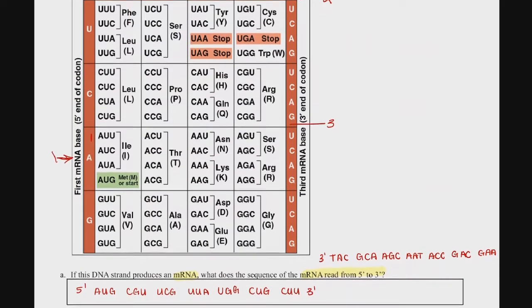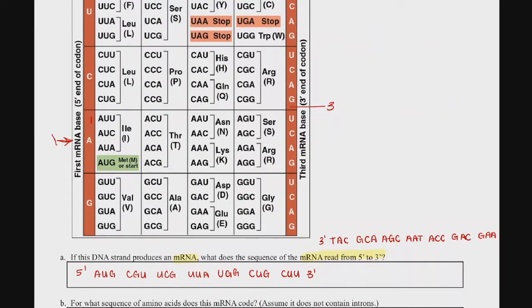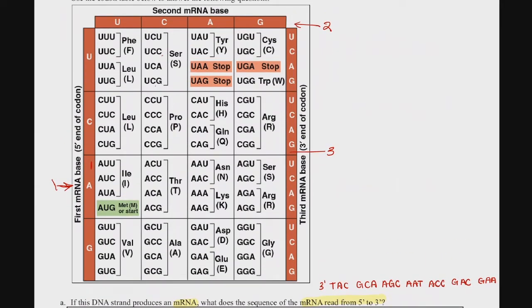So then we get methionine. For this one, CGU, we get arginine. UCG, we get serine.